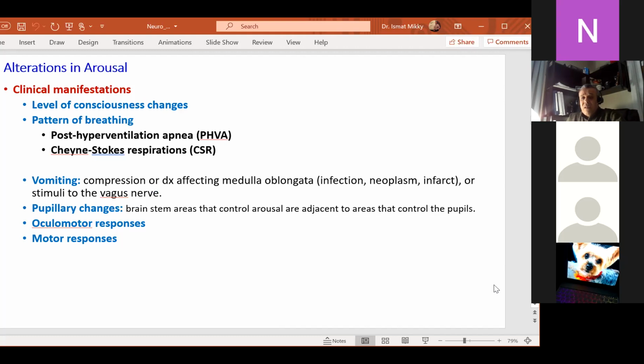The other one, which is more common, is Cheyne-Stokes respirations, CSR, which results from the increased ventilatory response to CO2 stimulation and causes hypercapnia, which is the accumulation of CO2.